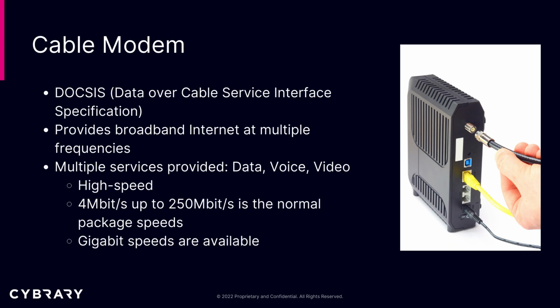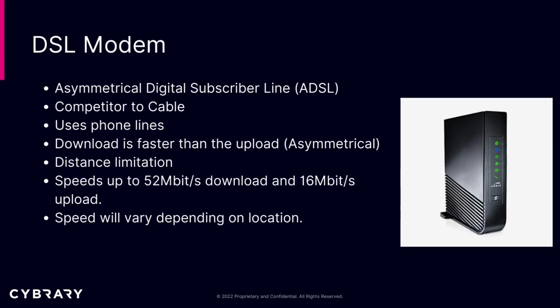It provides broadband internet at multiple different frequencies. A lot of times, these cable ISPs can provide multiple services over that coaxial cable. It could be data, voice, and video. It's a high-speed internet connection, and speeds range anywhere from 4 megabits up to 250 megabits. Gigabit speeds are available.